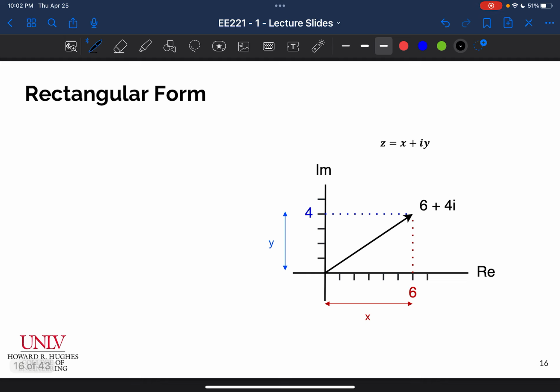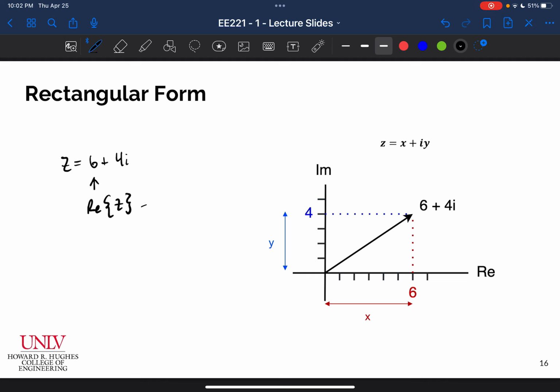This is called rectangular form of the complex number. It's basically a complex number z, which in this case I could say is equal to 6 plus 4 times i. It's got a real part. So I could even write out the function, like you'll see some notation like this.